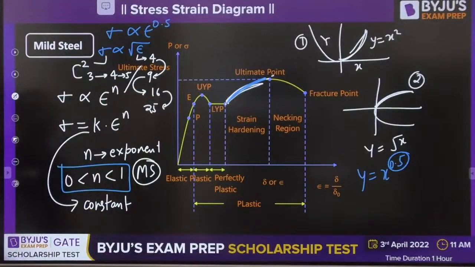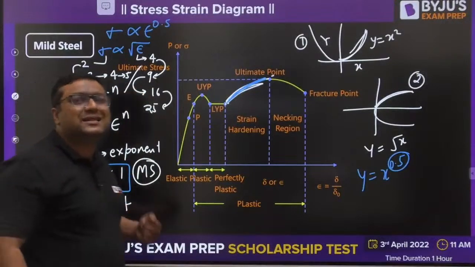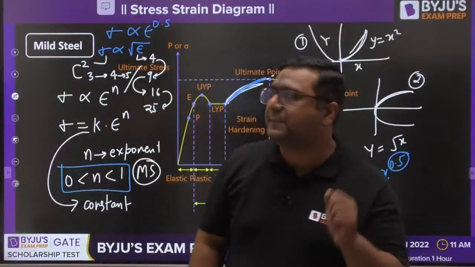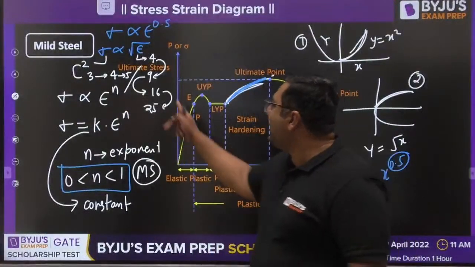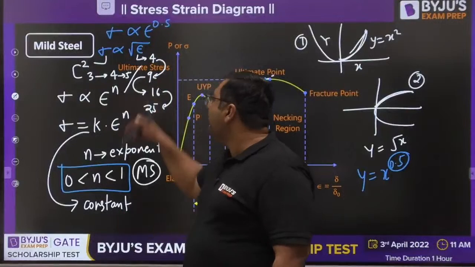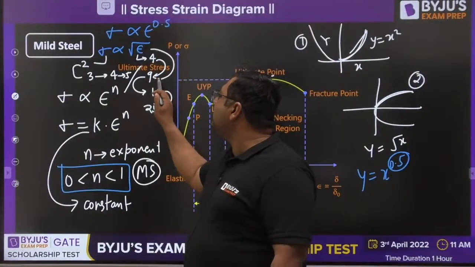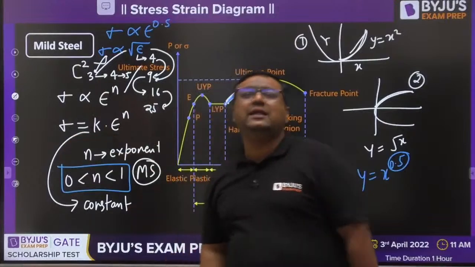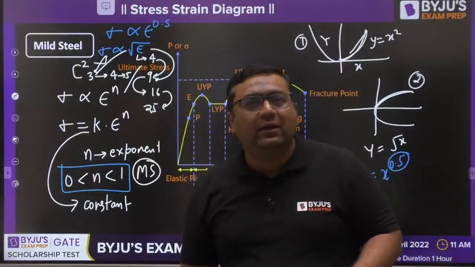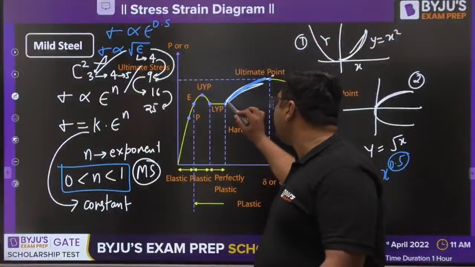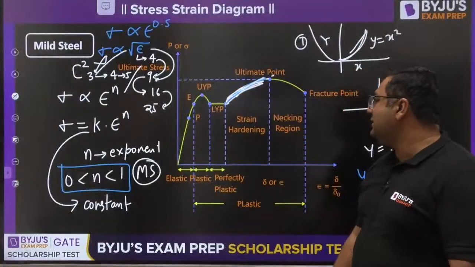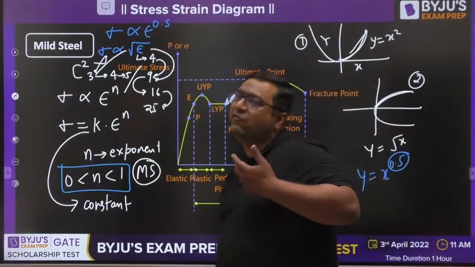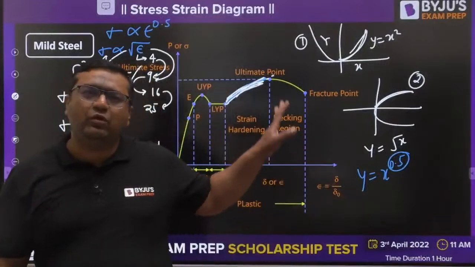It is very much clear that, my dear, stress is directly proportional to square root of epsilon. So it means strain is increasing at higher rate, because when it is becoming 9 times, it is only becoming 3 times. So my dear, obviously strain is increasing at a faster rate than that of the stress in strain hardening region. So my dear, this is the wonderful question which can be framed from this wonderful diagram.